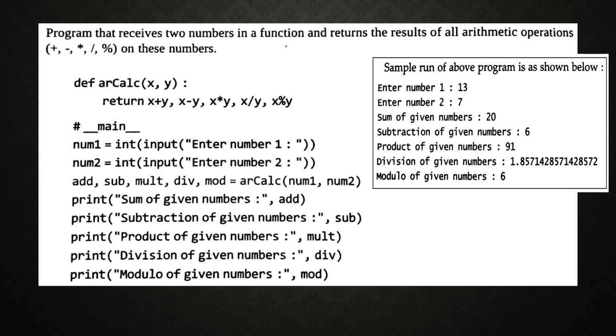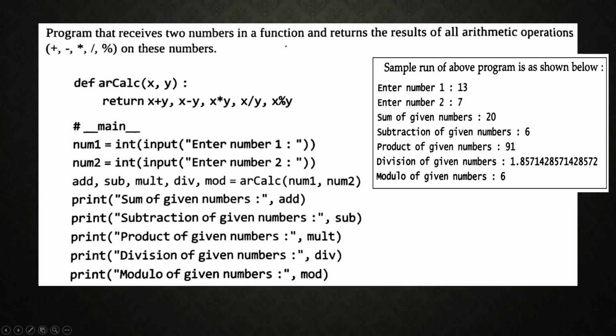So what happens is it performs the assignment operation and the arithmetic calculation. Whenever you execute this function call, arithmetic calculation num1 comma num2, control automatically jumps from this point to the definition arithmetic calculation x comma y.